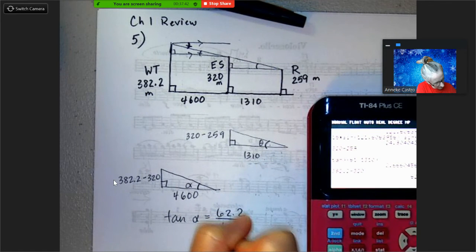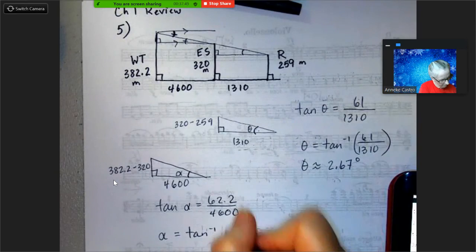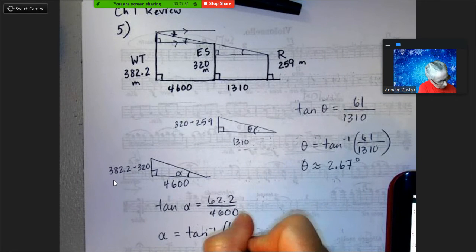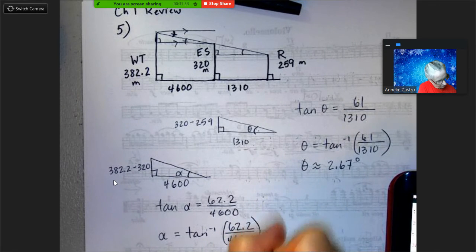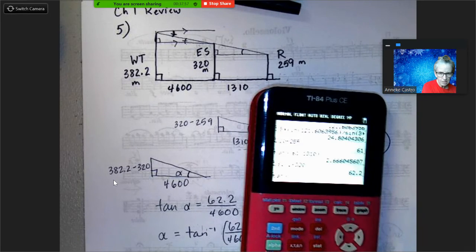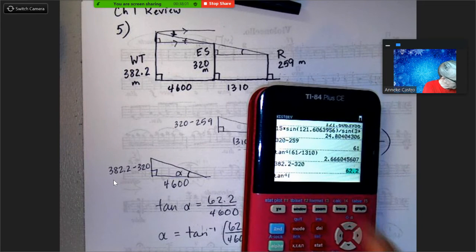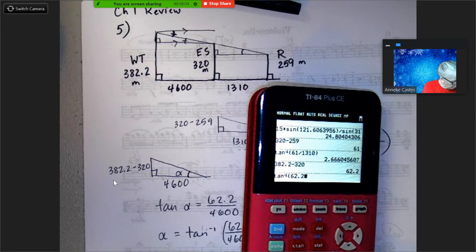divided by 4,600. We're going to do inverse tan of 62.2 over 4,600. So I've got my second function tangent to get my inverse tan. And that was 62.2. I can select it, it's already in there. Divided by 4,600.